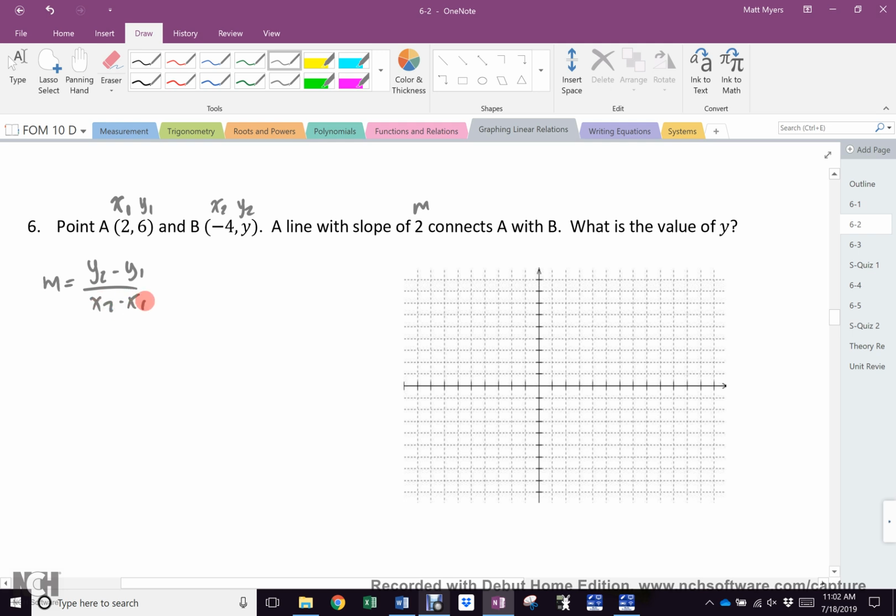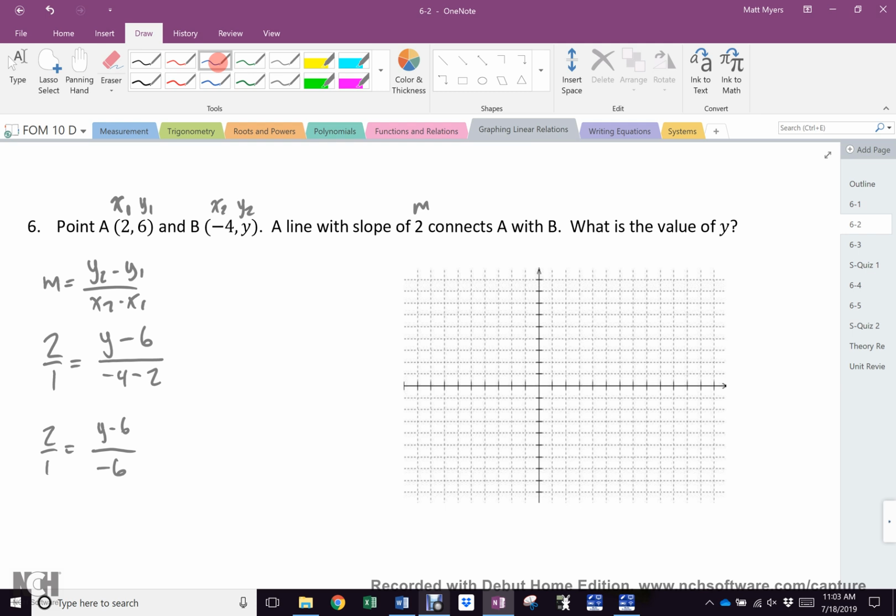Now all I do is fill in all the parts. m is 2 over 1, because that's what this really is, right? y2, oh, okay, y, minus y1, 6, over x2, negative 4, minus x1, 2. 2 over 1 equals y minus 6 over what? Negative 6. Yay!